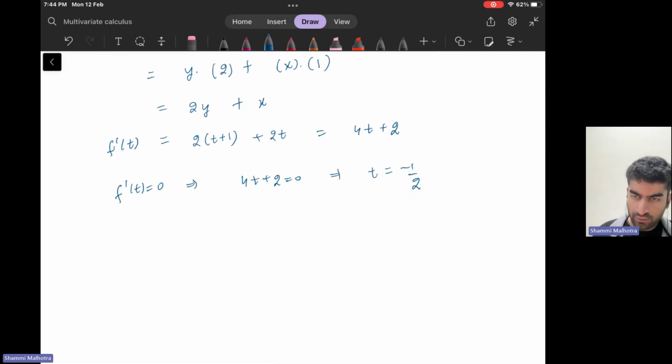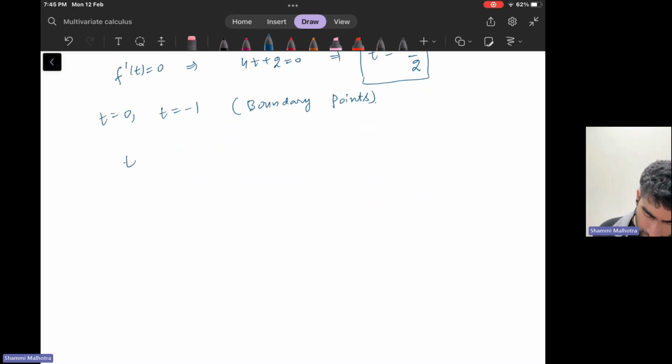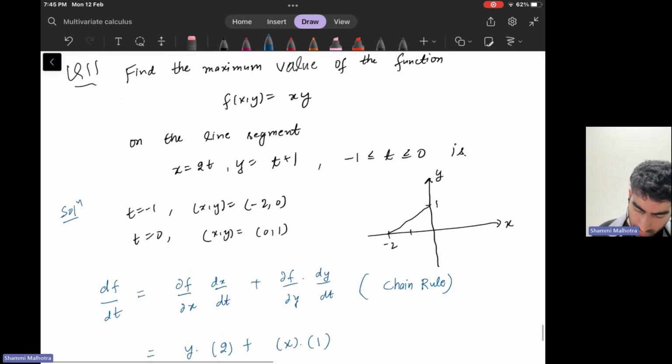So the possible values where I have to check the maxima and minima are t equal to 0 and t equal to -1, which are my boundary points, and t equal to -half. Let me check the values of my function. The function f is given as 2t times t plus 1.